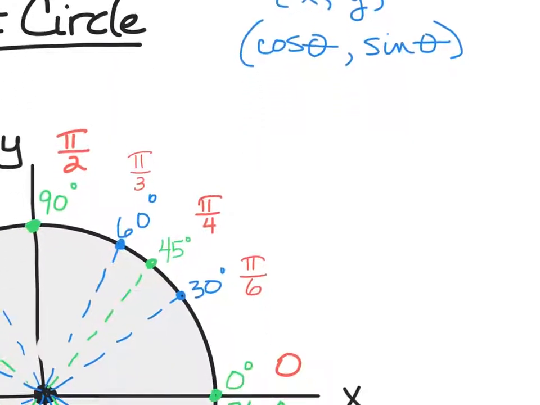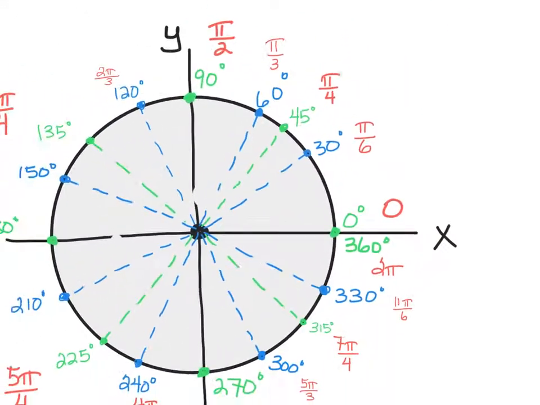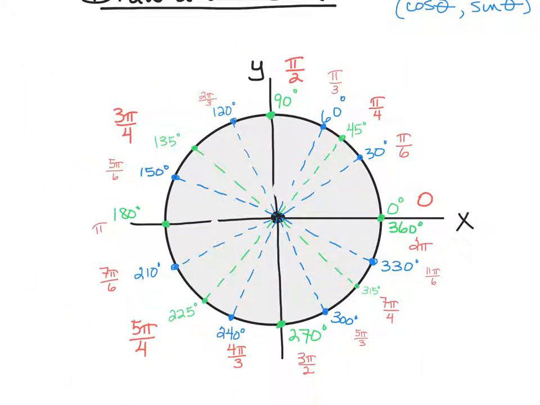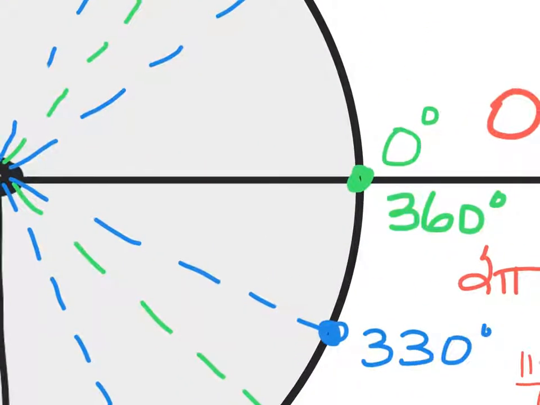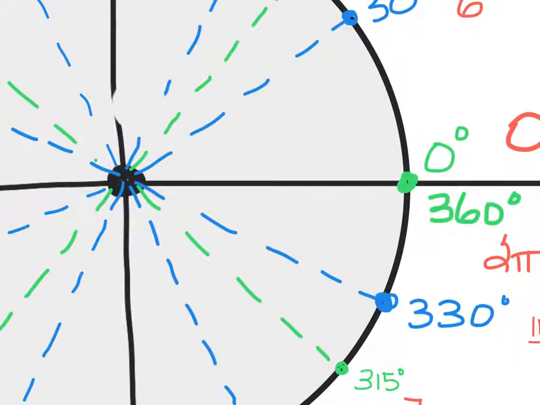So for example, if you look at 0, 90, 180, 270, and 360, those are called quadrantal angles. And the point value, because it's a unit circle and a unit circle has a radius of 1, the point value of that point right there is 1, 0. That means that the sine of 0 is 0 and the cosine of 0 is 1.